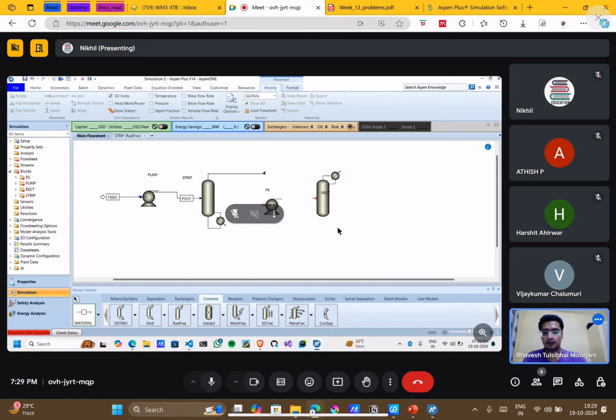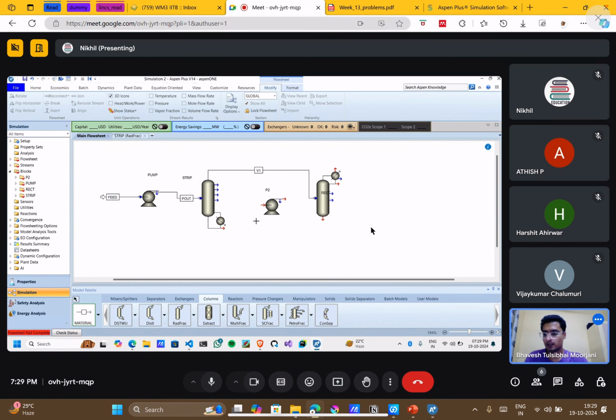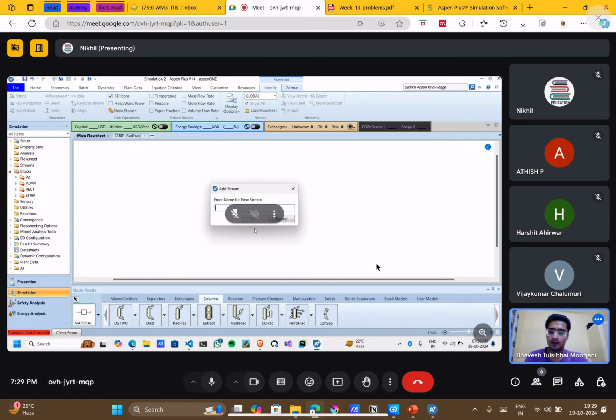Call it D1. Then the bottom of the rectifying column goes as a feed into the stripping column. Connect it. The bottom product of the stripper just goes out, so end the line. Call it B1.